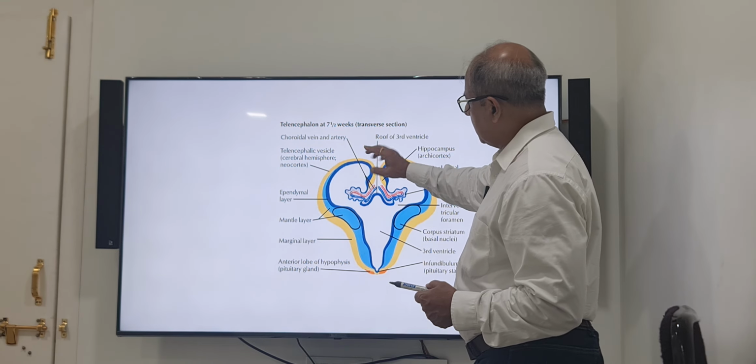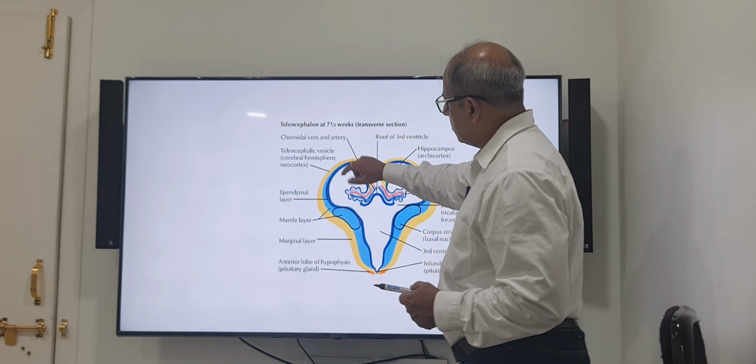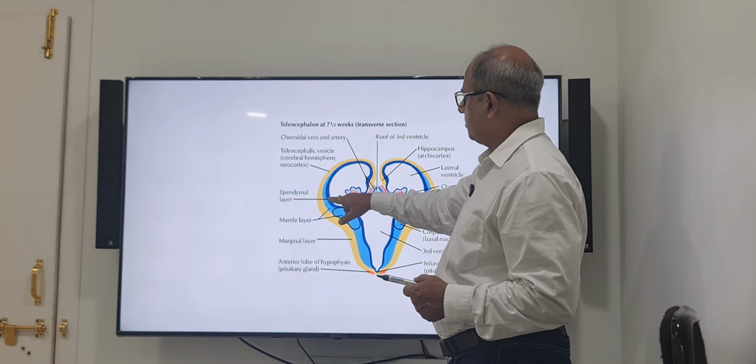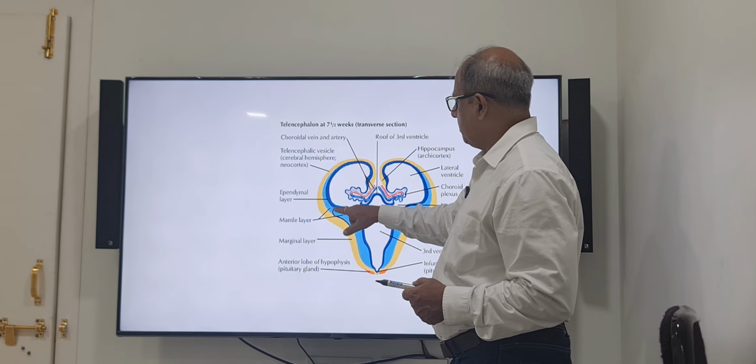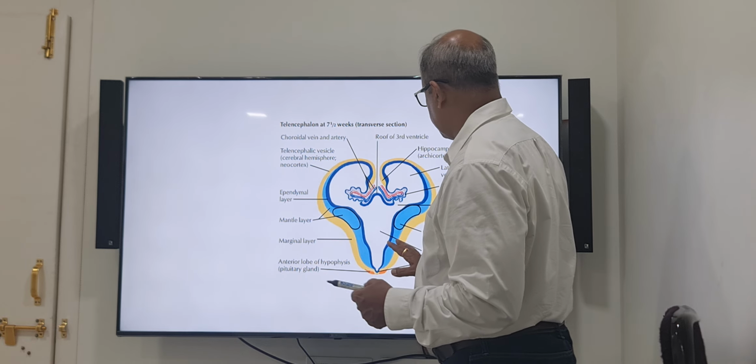So if you see the neural tissue, it is now converted into three parts, three layers. One is the ependymal layer, which is related with the CSF and cavity. There will be a mantle layer, and there will be a marginal layer. What are these? I will let you know.